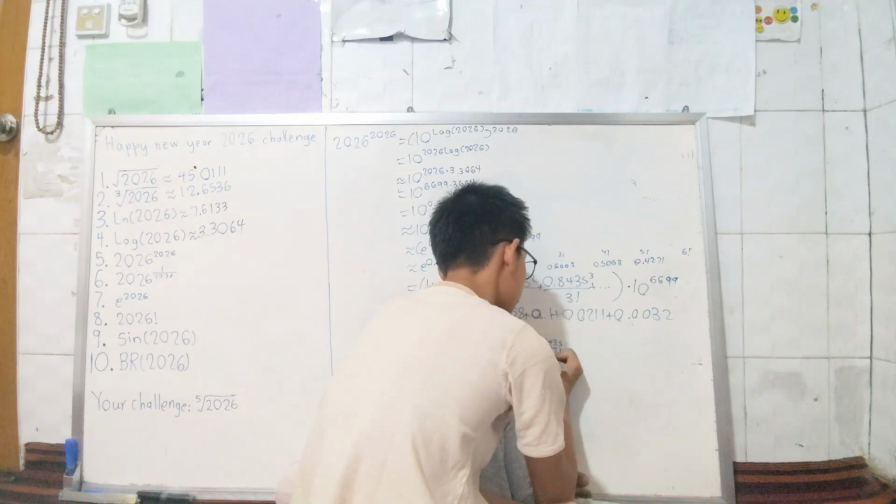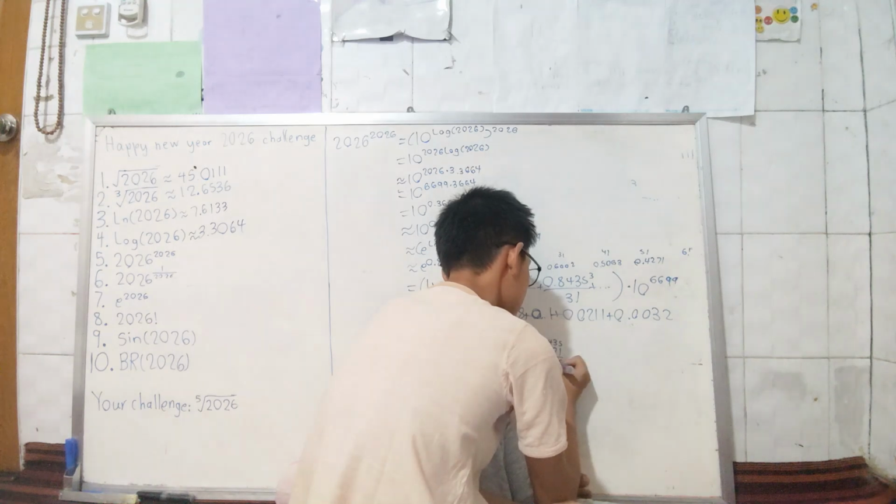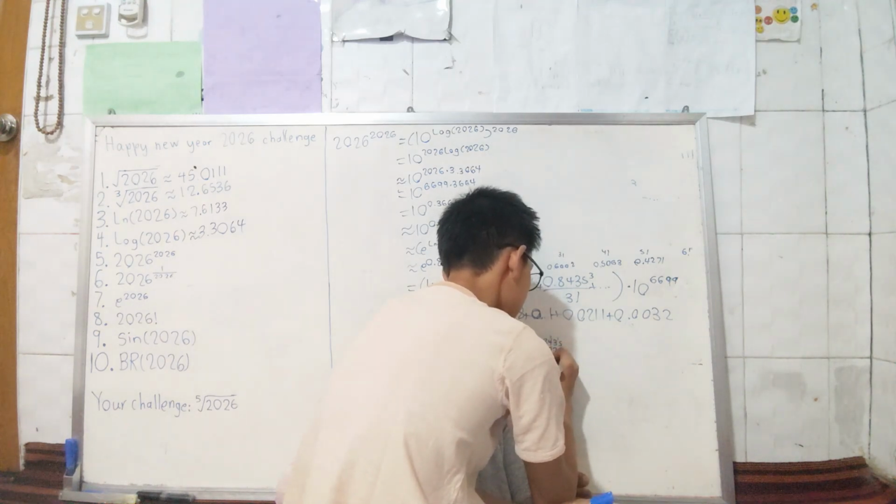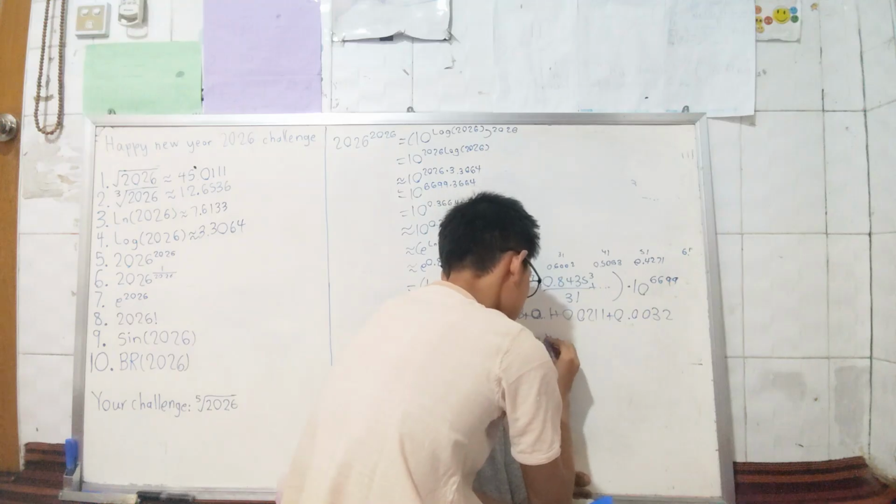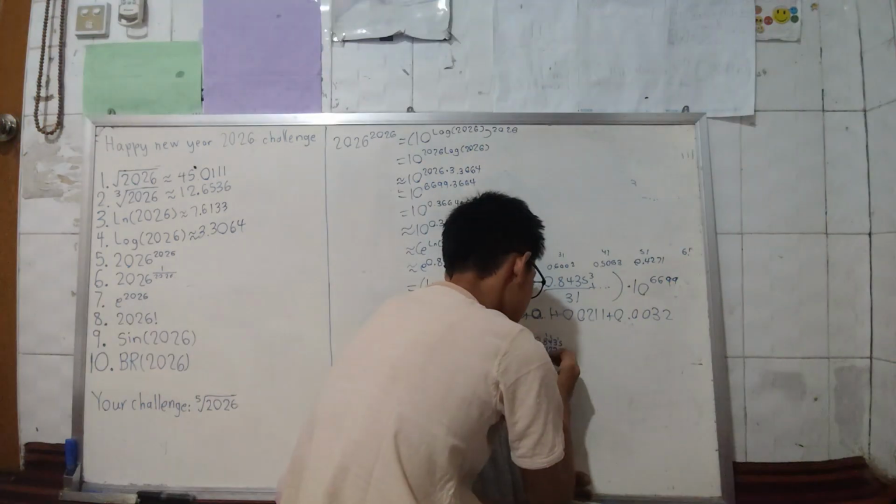8435. Maybe 12, 21, 22, 8, and 10. 8 times 7 is 56.